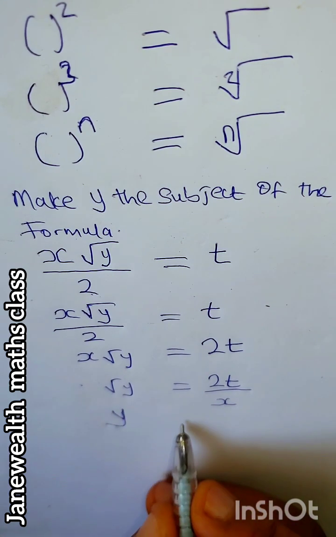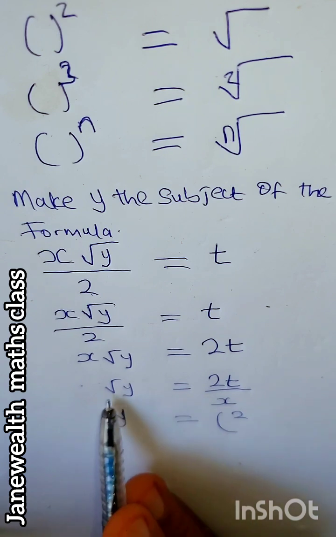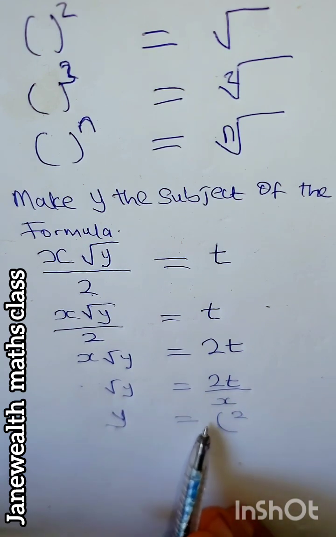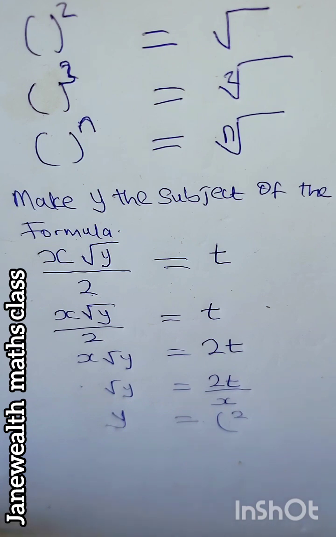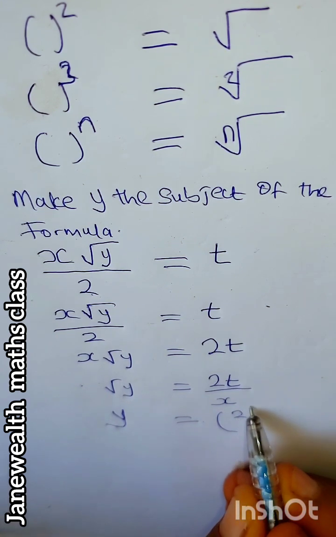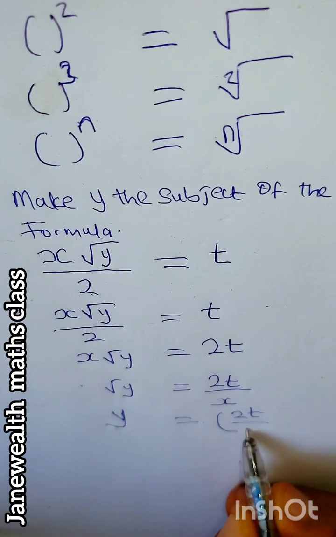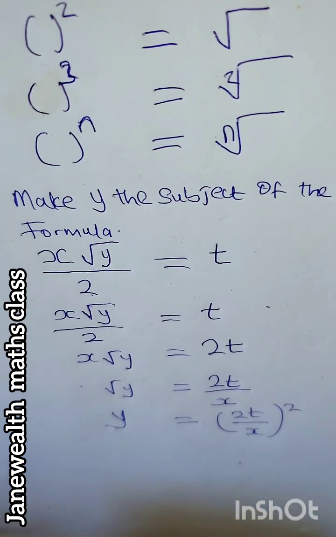I write only y. y equals, when a square root crosses the equal sign and goes to this side, it will turn to a square. So now we write 2t over x, all in square.